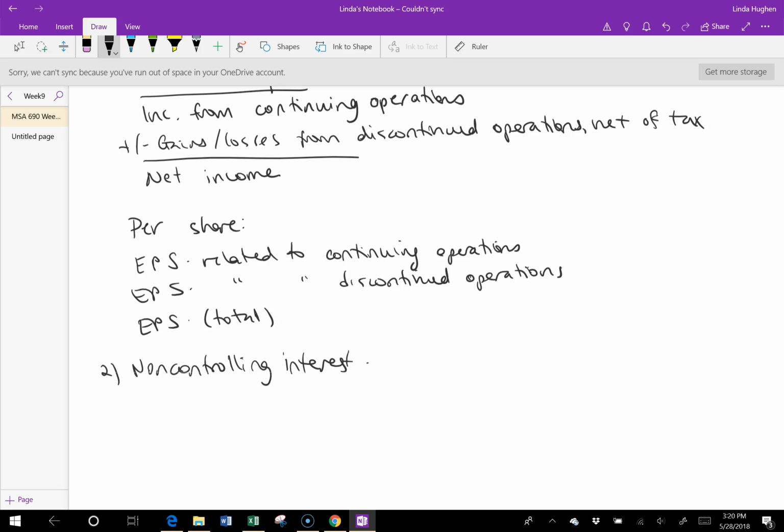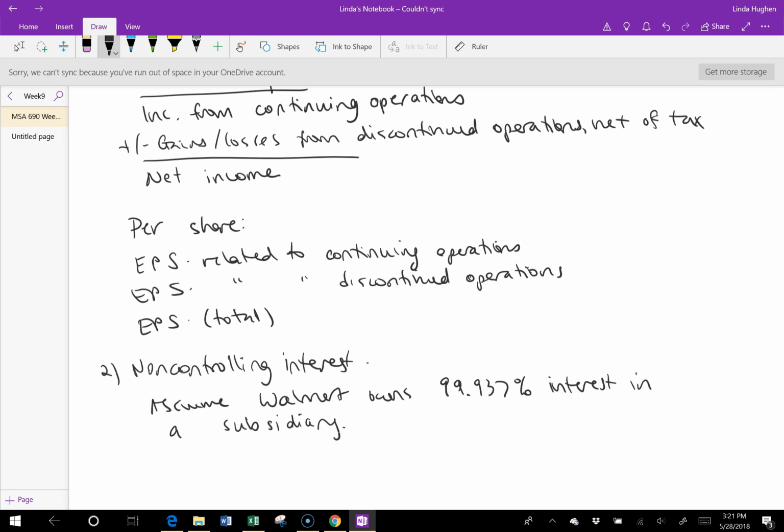For example, let's assume Walmart owns 99.937% interest in a subsidiary. Now this is clearly more than 50%. So it consolidates all of the subsidiary's financial performance.